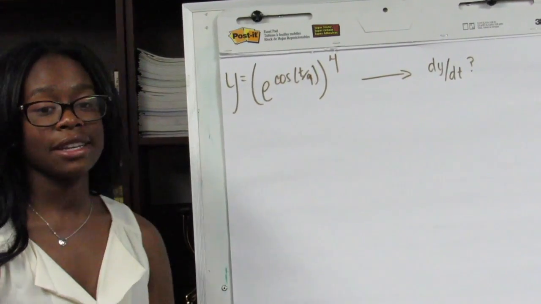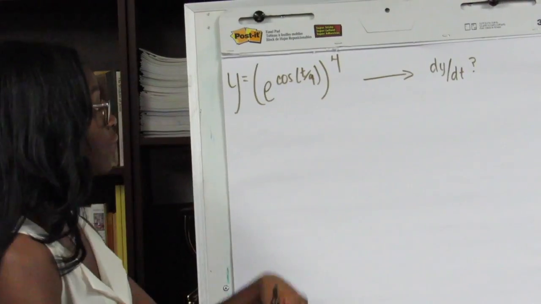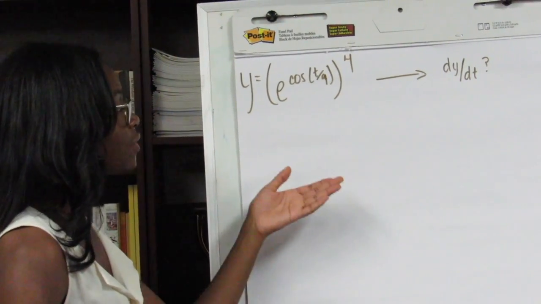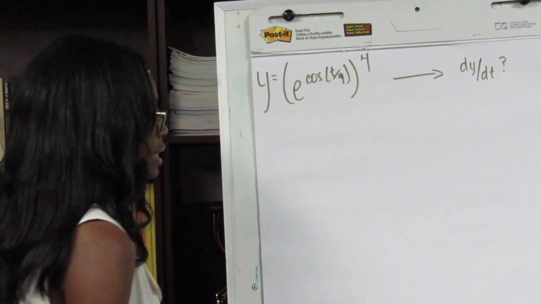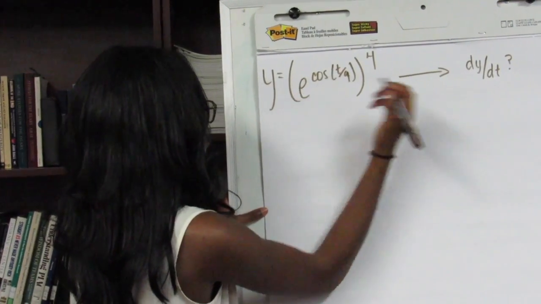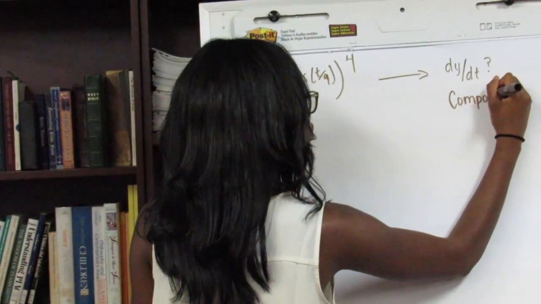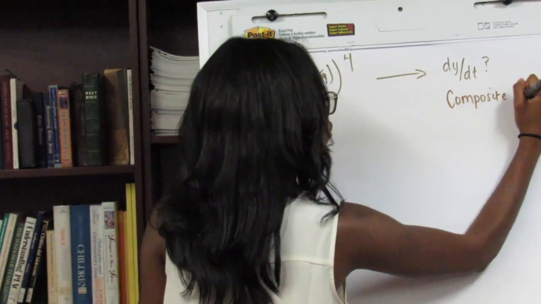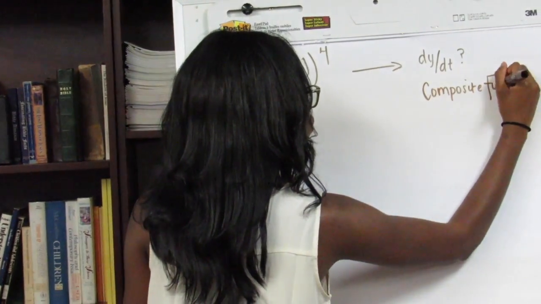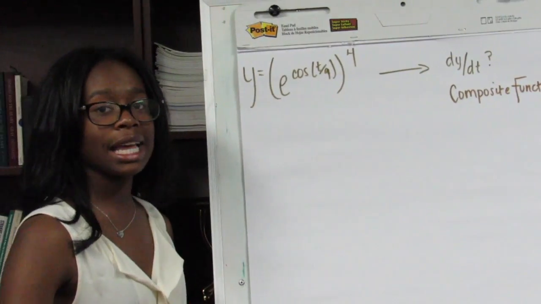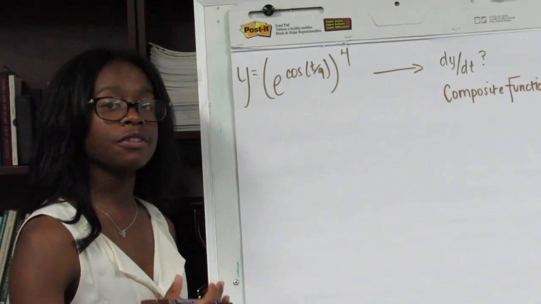Well, dy over dt first is the derivative of this function with respect to the variable t. As we look at this function, we see that it is a composite function. Composite function meaning that it is comprised of different components.